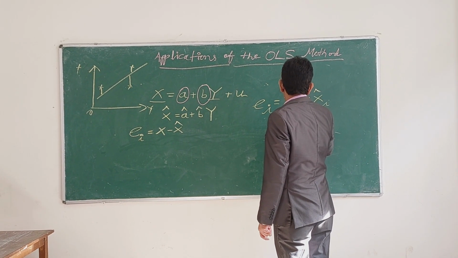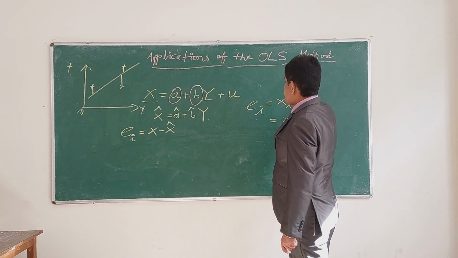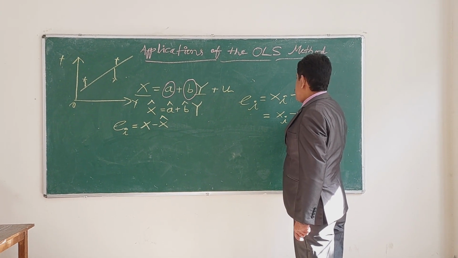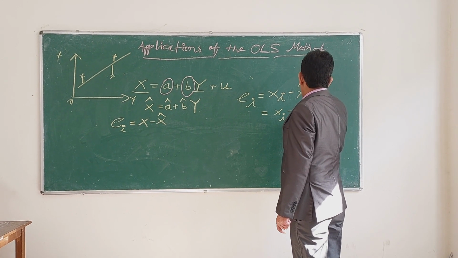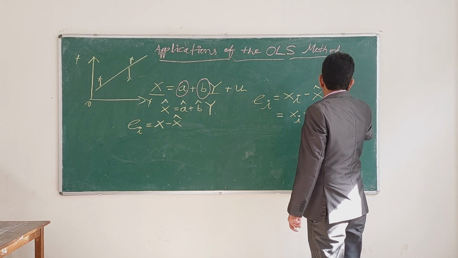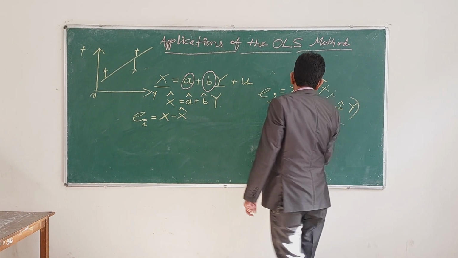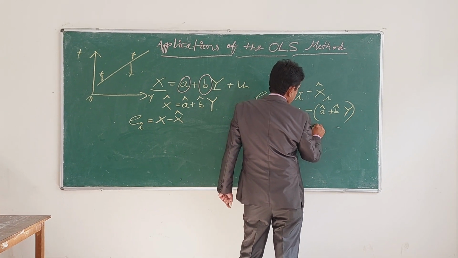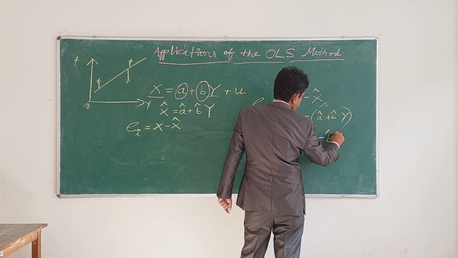x minus x cap is this, so it will be a cap plus b cap y, or finally we get x minus a cap minus b cap y.